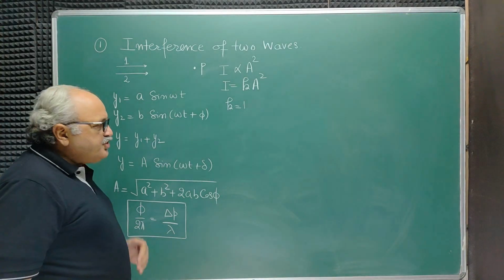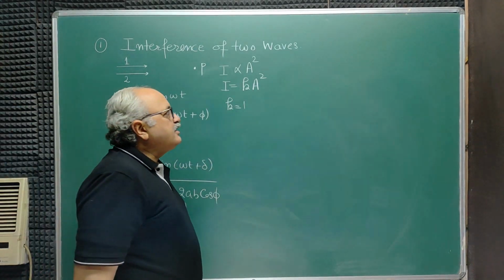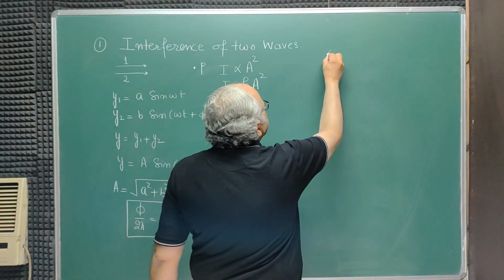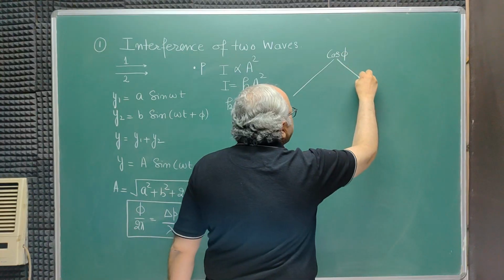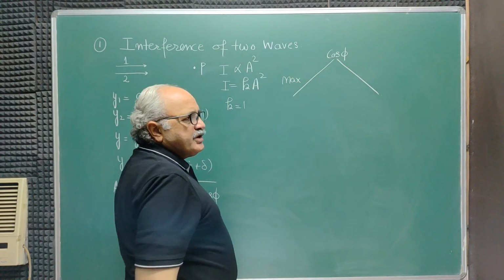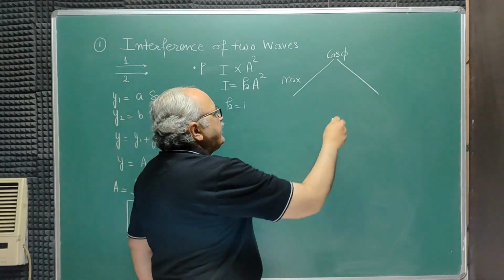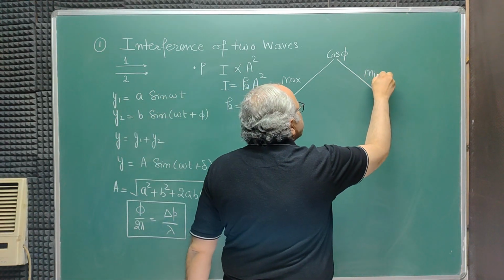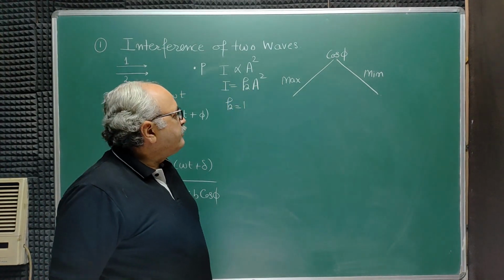So now come to the condition for the maxima and minima, which is the major point when we solve numericals on it. It is the cos phi which is going to decide. There are two possible conditions. One is a condition in which the amplitude or intensity is going to be maximum, and the other is one in which the amplitude or intensity is going to be minimum.